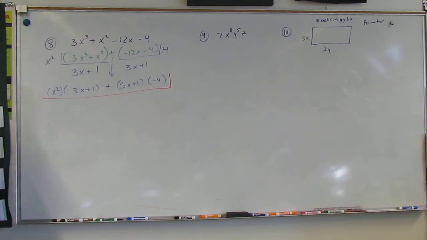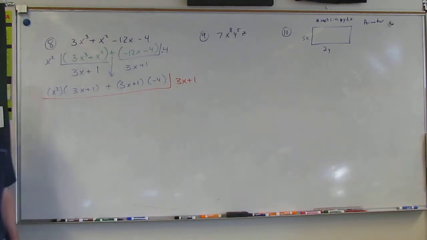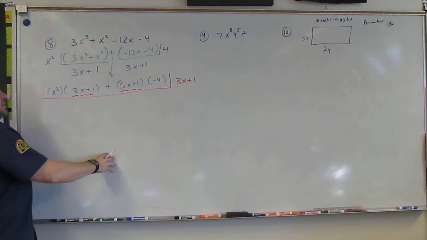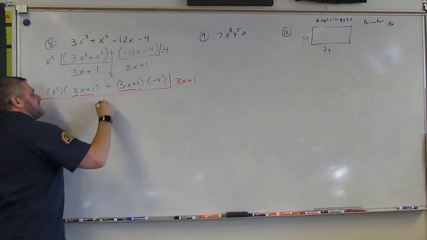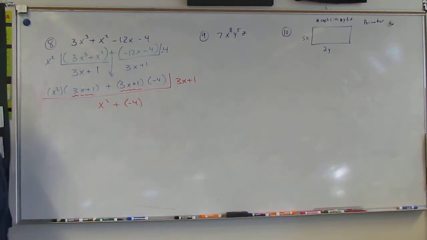What's common? 3x plus 1. That's in both of them. It's right here and it's right here. So what's left is x squared plus negative 4.